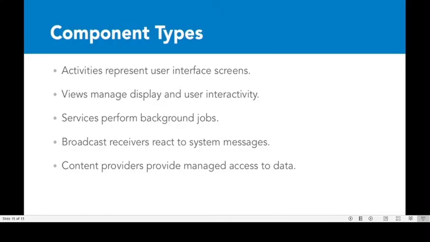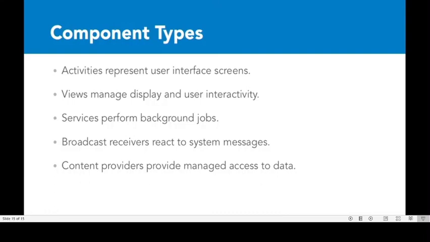And talking about the broadcast receiver, it basically reacts to system messages, that is, messages that are dispatched by the operating system or other apps. And a content provider basically provides managed access to the data which is shared between different parts of the application.